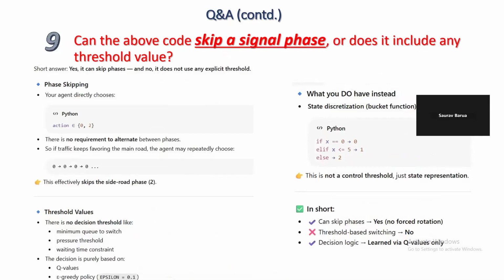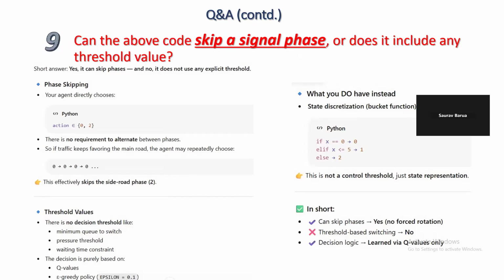And in question number 9, the question is whether we skip a signal phase, or whether we include a threshold value. We do not use any threshold value. That is straightforward, but we can skip the phase because the action is 0 or 2. From 0 it can be 0 again, if the side road or minor road has a very small amount of traffic.